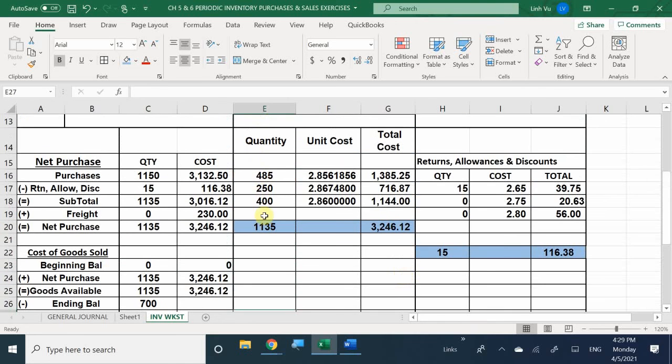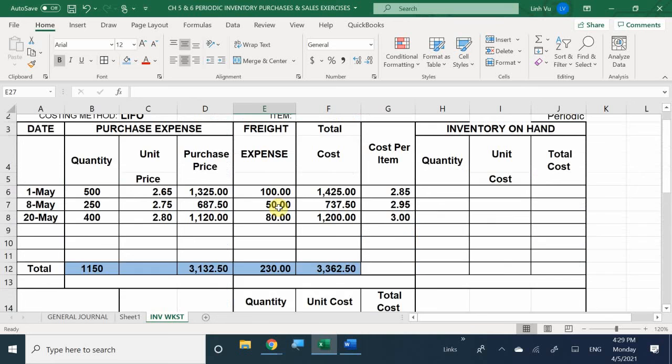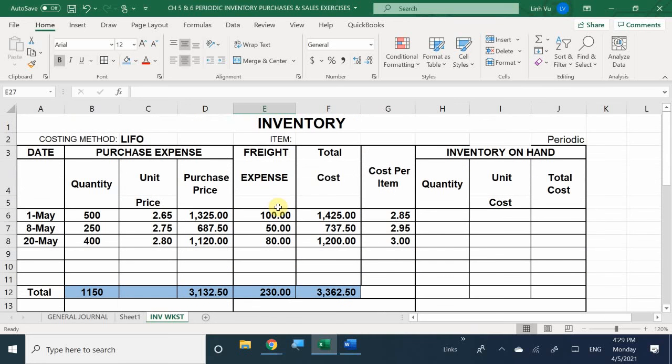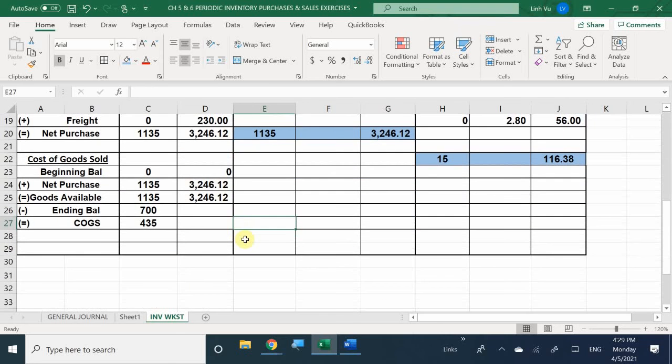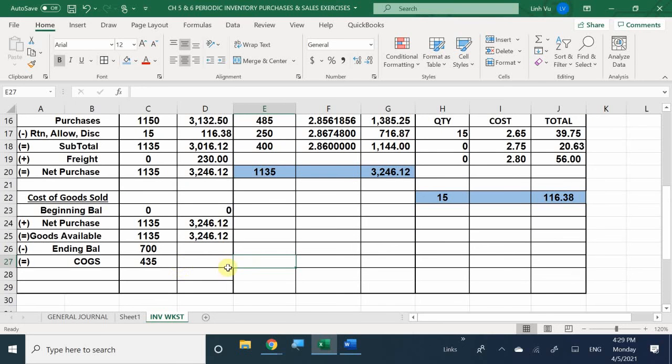So looking up here, right, I have batch number 1 at 485, batch number 2 at 250, and my last batch of 400, right? What costing method am I using? LIFO. So let's go ahead and solve for my amounts here.